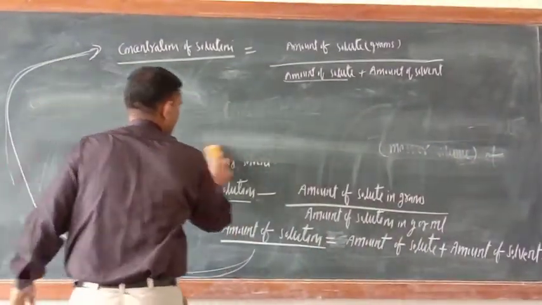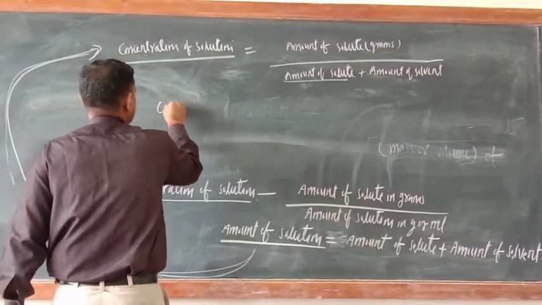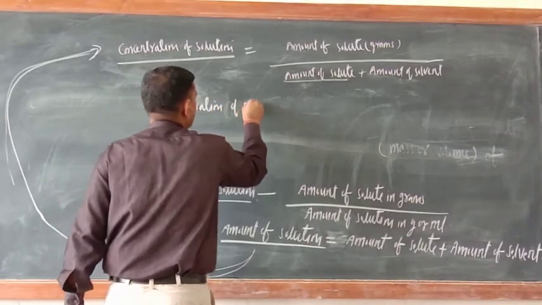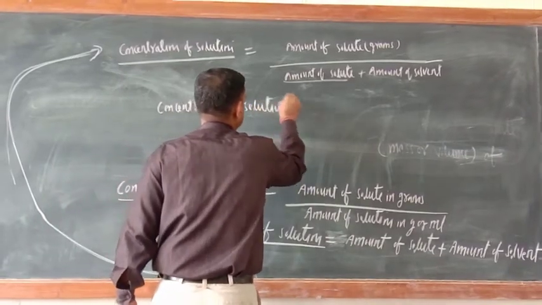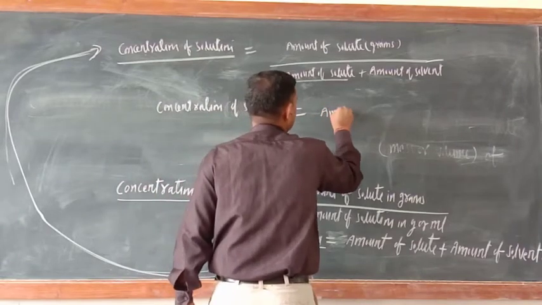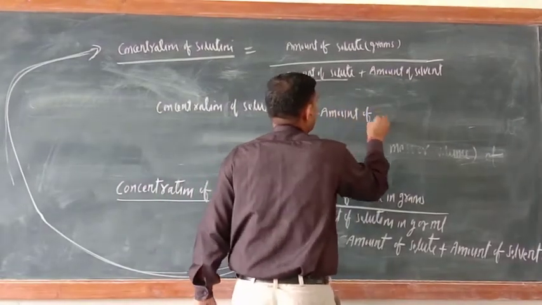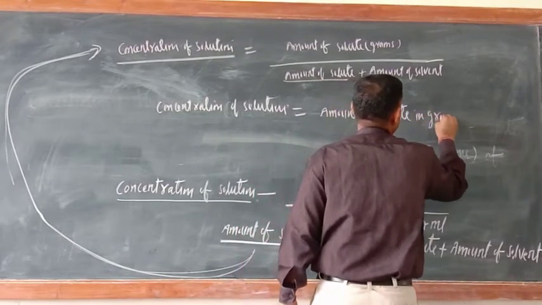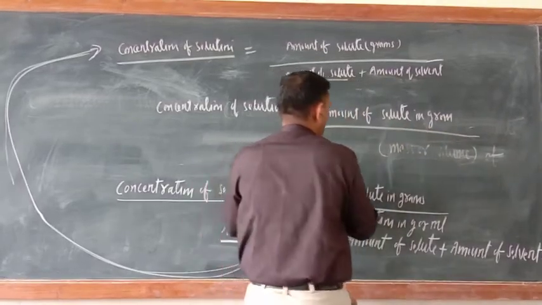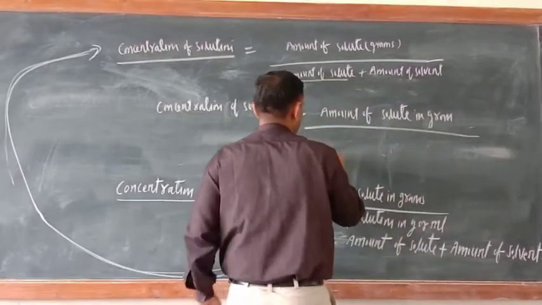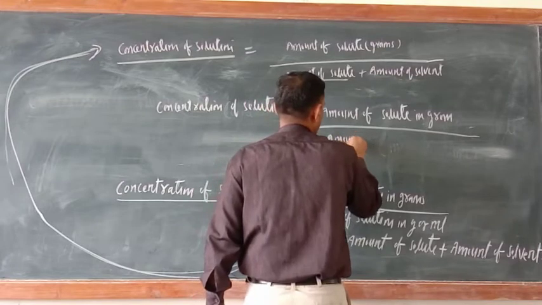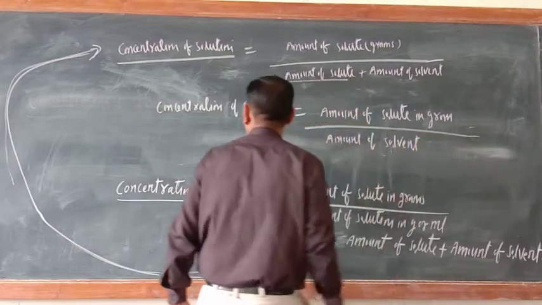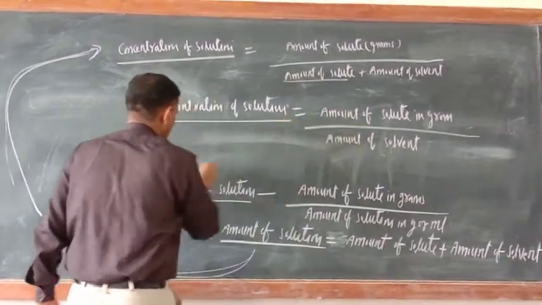Just see, concentration of solution equal to amount of solute in gram divided by amount of solvent. This is also one of the formulas of concentration of solution.